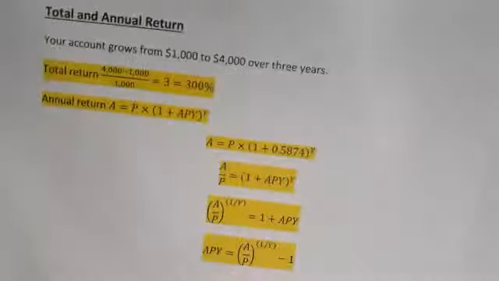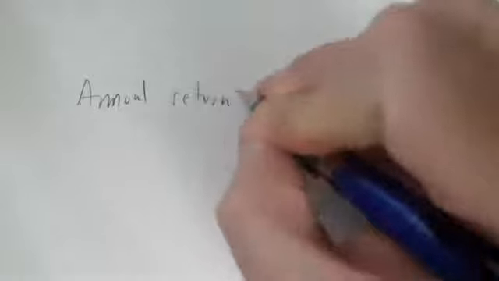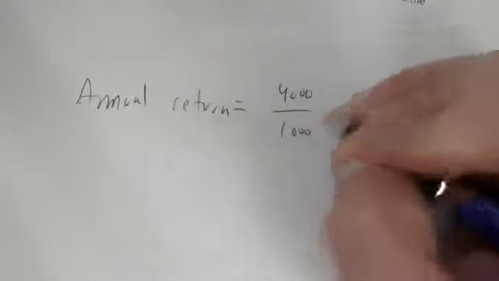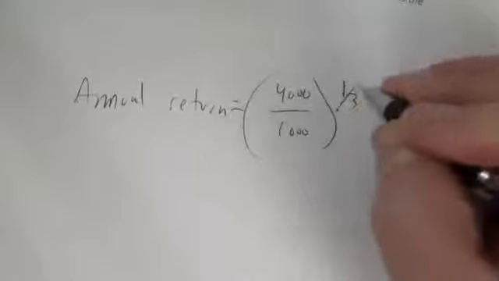So if we go from 1,000 to 4,000 over 3 years, my APY is this thing: A over P to the 1 over y. My amount is 4,000 over 1,000, to the 1 over 3.